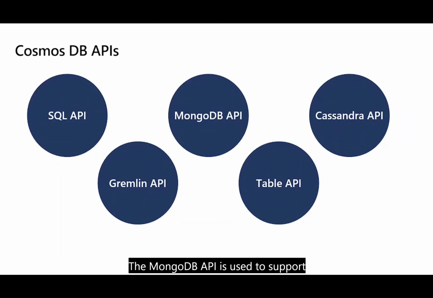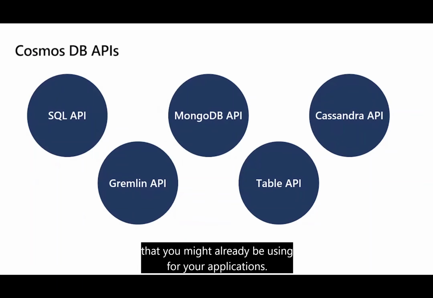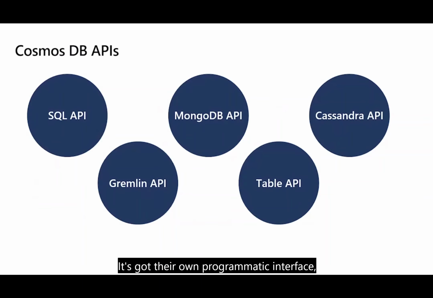The MongoDB API is used to support any MongoDB databases that you might already be using for your applications. MongoDB is another well-known document database. It's got its own programmatic interface, and many organizations actually use it on their premises.